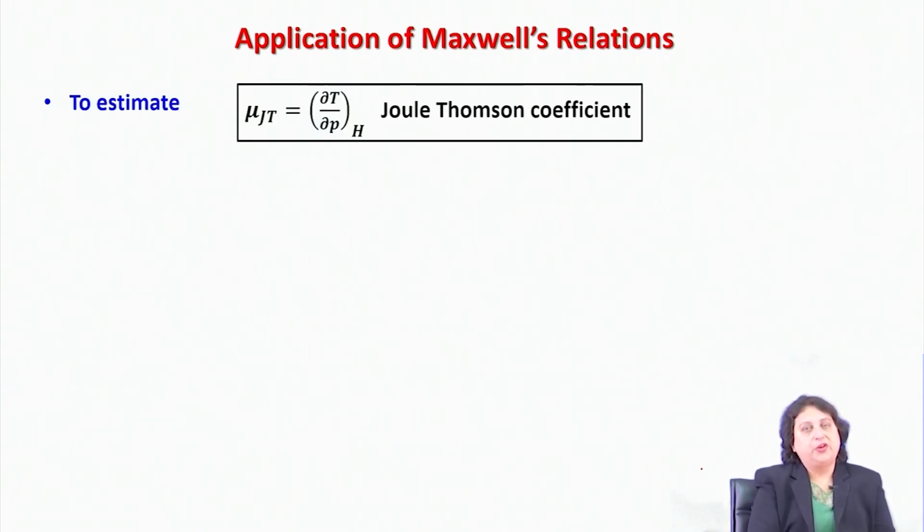Now, let us have a look at one more application of the Maxwell's relations. Here, I am talking about determination of the value of the Joule-Thomson coefficient. We have already discussed that mu_JT is something that you can measure in a Joule-Thomson experiment.